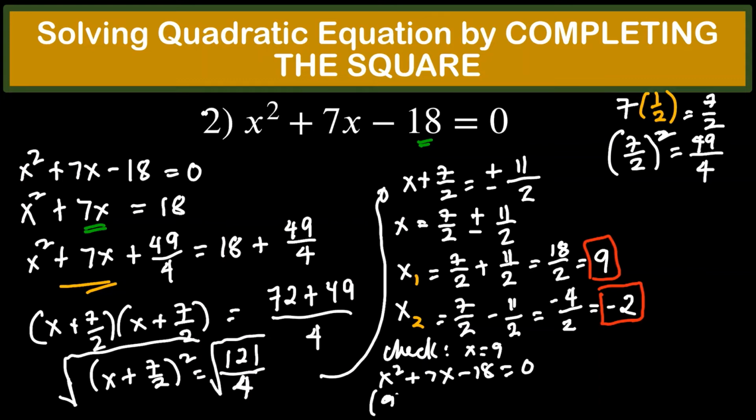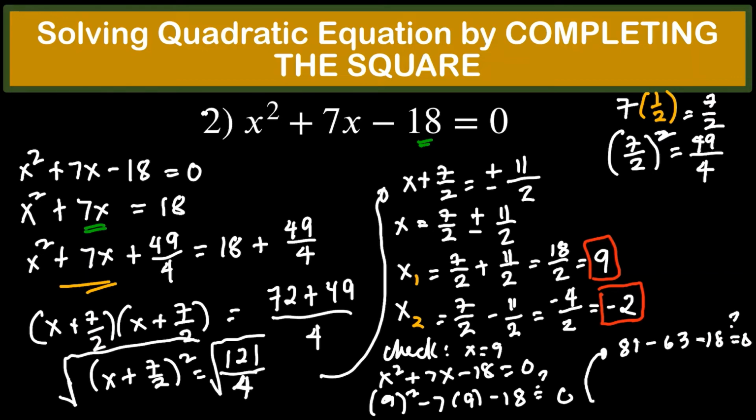So 9 squared, minus 7 times 9 minus 18 equals 0. And 9 squared is simply 81, right? Minus 63 minus 18 equals 0.